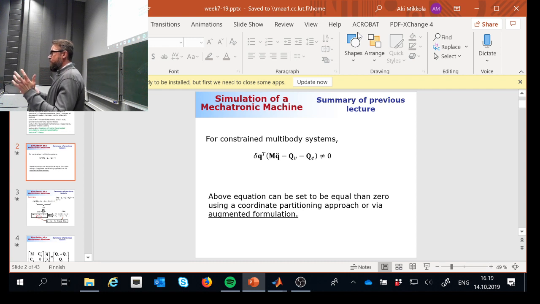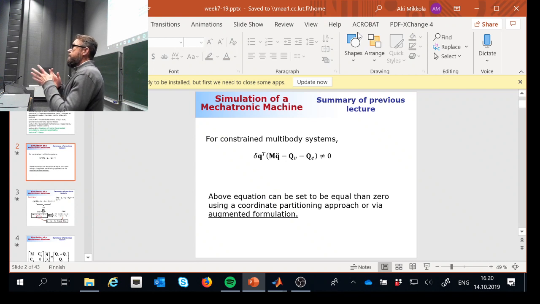And if there was no coupling between the bodies, then you can simply create the equation of motion by setting the virtual work done by inertial forces equal to the virtual work done by externally applied forces. But it is very, very important to understand that this holds only in those particular circumstances where there are no constraints.